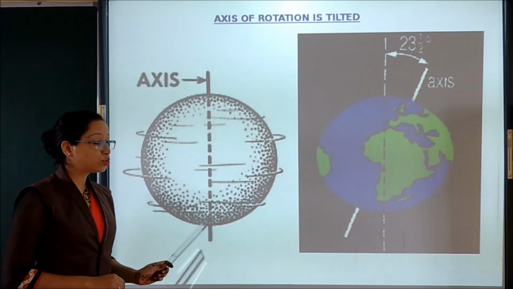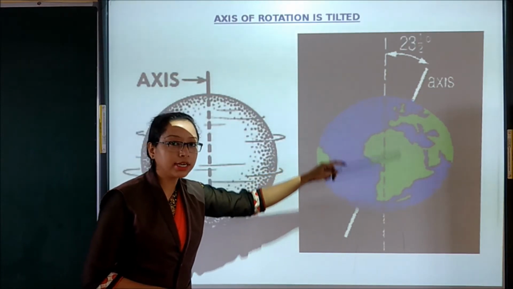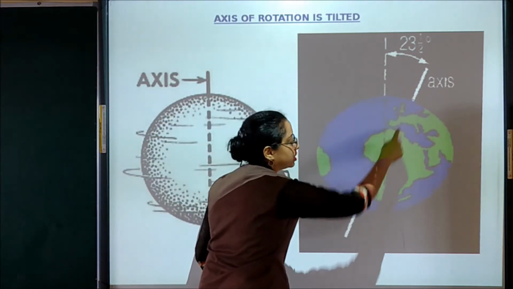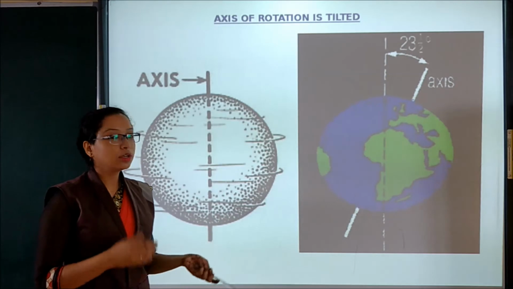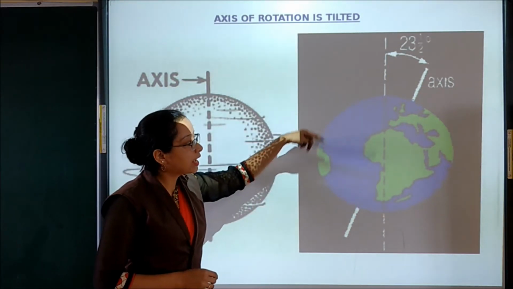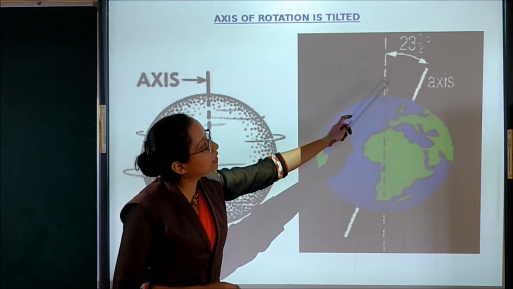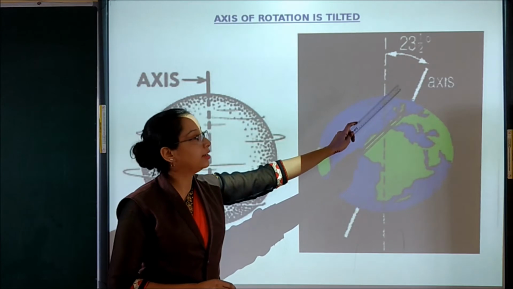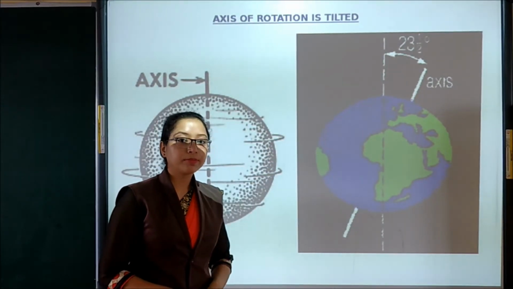No, it is not so, children. It is rotating on a tilted axis. Here you can see this tilted axis. So the globe or the earth is rotating on this tilted axis and it is tilted at 23.5 degrees. So this is how the earth keeps on rotating.